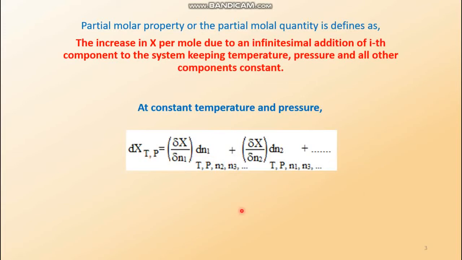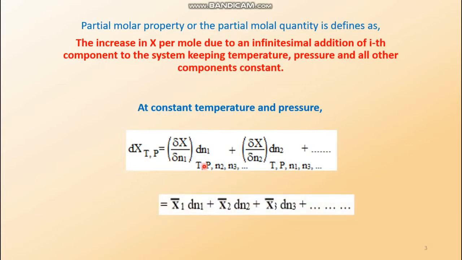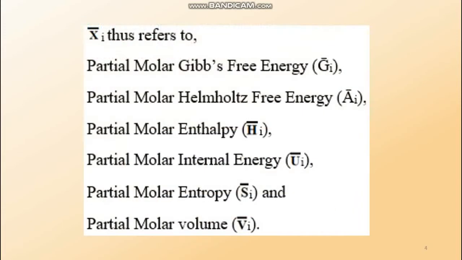So we can express that equation in a new form like this. And here this part is written as X1 bar, this part within the parenthesis is written as X2 bar, and so on according to the third component, the fourth component, and so on.